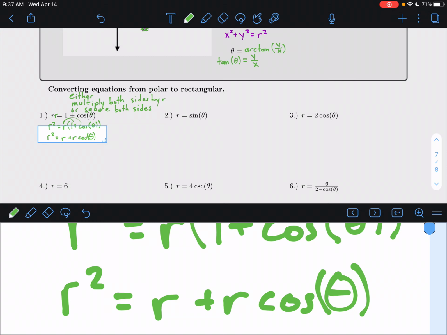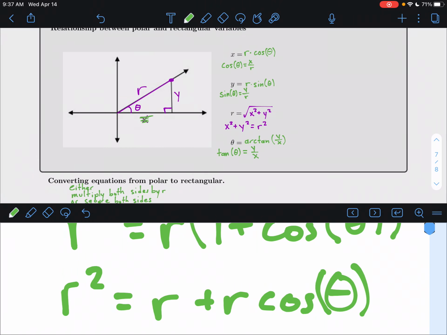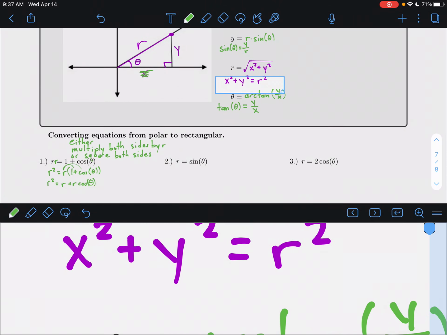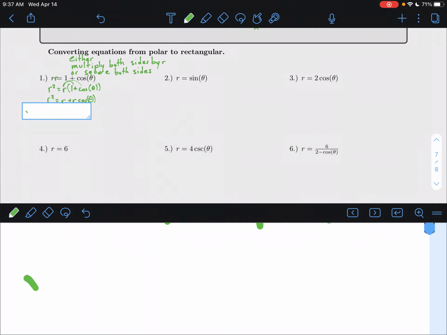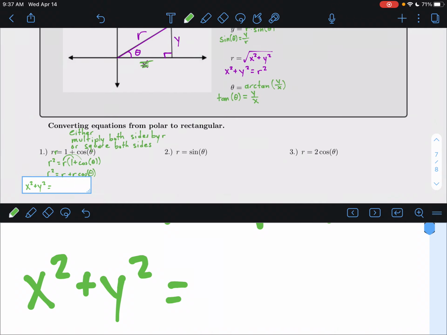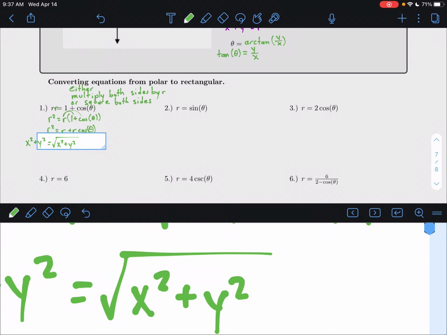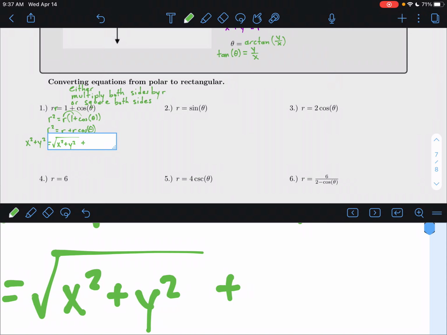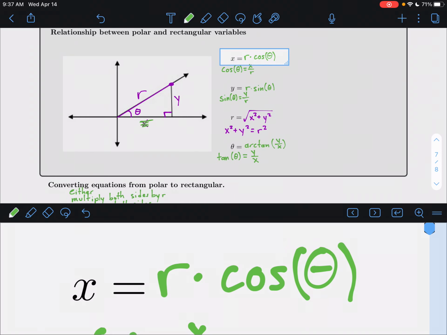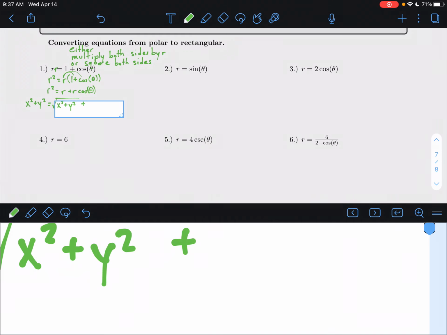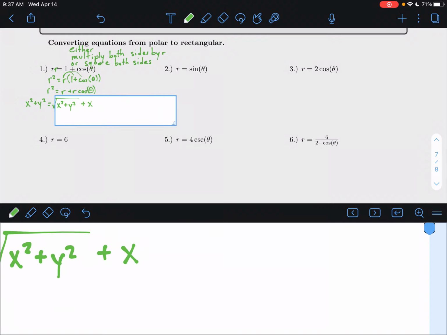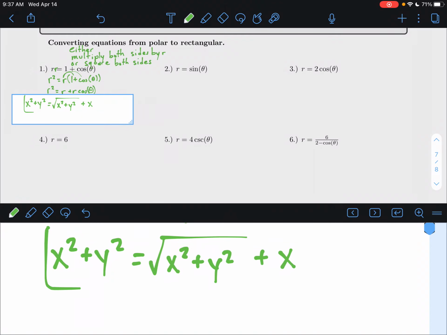So I have r squared, which I know is x squared plus y squared, equals r, so the square root of x squared plus y squared, plus r times the cosine of theta. So r times the cosine of theta is x. And I'm going to leave my equation like that.